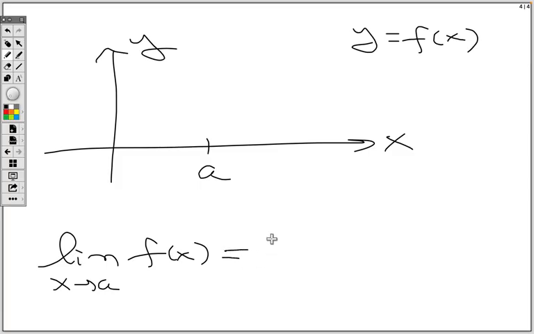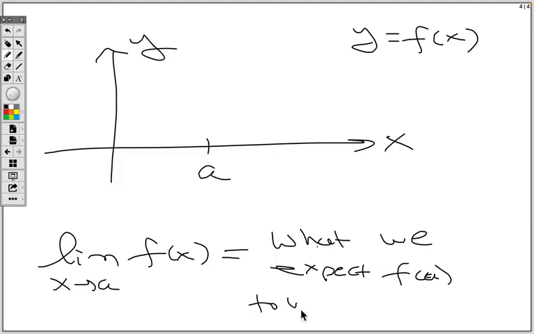So this is basically what we expect f of a to be by looking as x gets close to a. So the limit is what we expect.